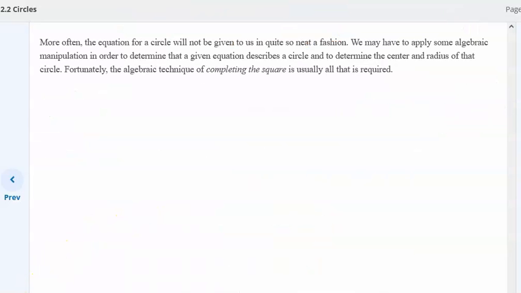Now, as we continue, there's another formula which is called the general form of a circle, where if we're given that, we have to use a technique that's called completing the square to put it into the standard form of the circle.